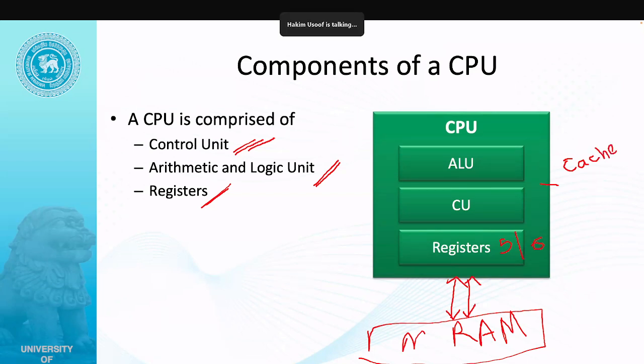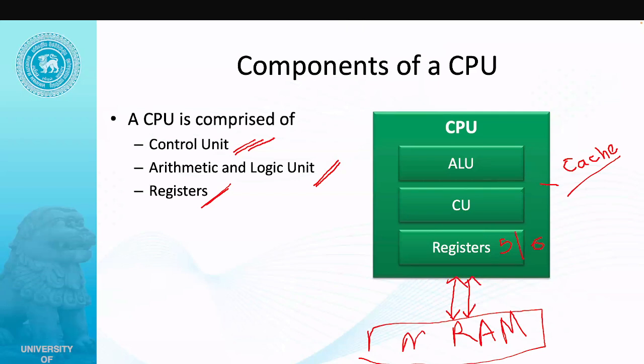So you have different levels of cache. You have level 1 and 2 cache that is on the CPU. You also have level 3 cache, which is called shared cache, when you have multiple processors or multiple cores on a single processor.